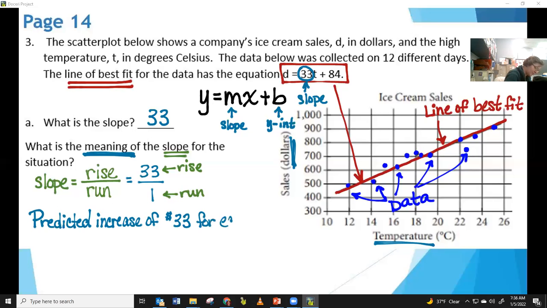for each, or for every, or per. Those are some of your key words to tell you when you're reading a story problem that you're looking at the slope. So predicted increase of $33 for each. Now I'm going to look at the denominator. That for each tells me I'm looking at a fraction. Down in the denominator is my run.